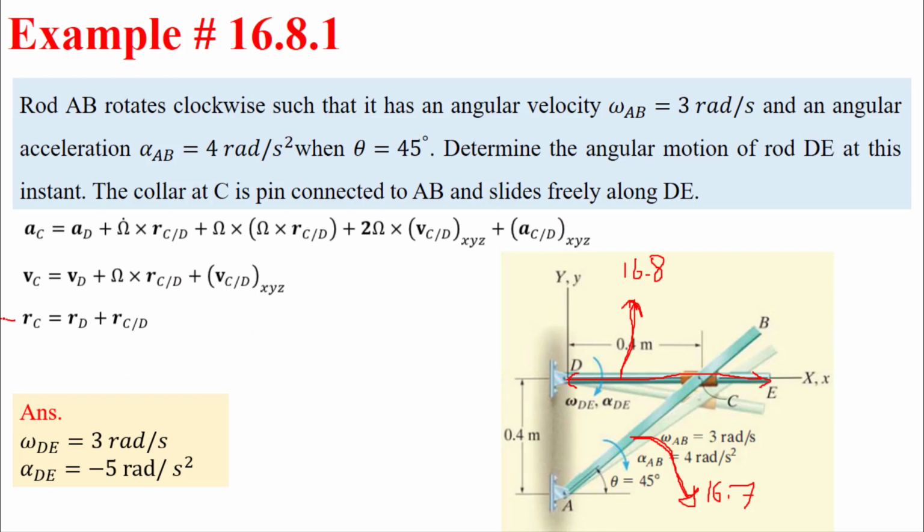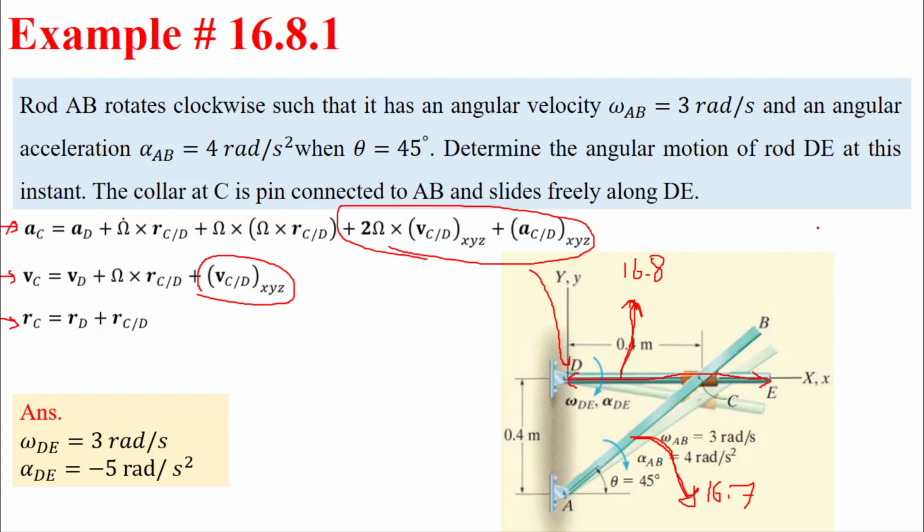This is the position equation for the link where the slider is sliding, which is link DC or DE. Here is the velocity equation, and here is the acceleration equation, and you can tell easily that these are the extra components. This equation is applicable only for link DE or DC.